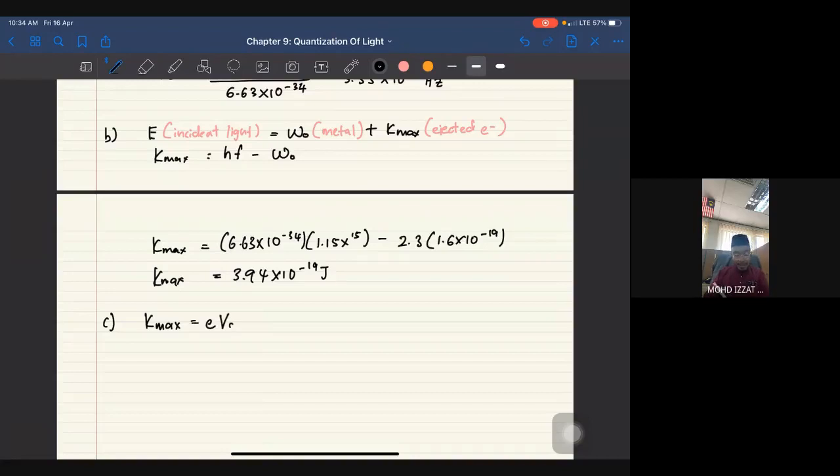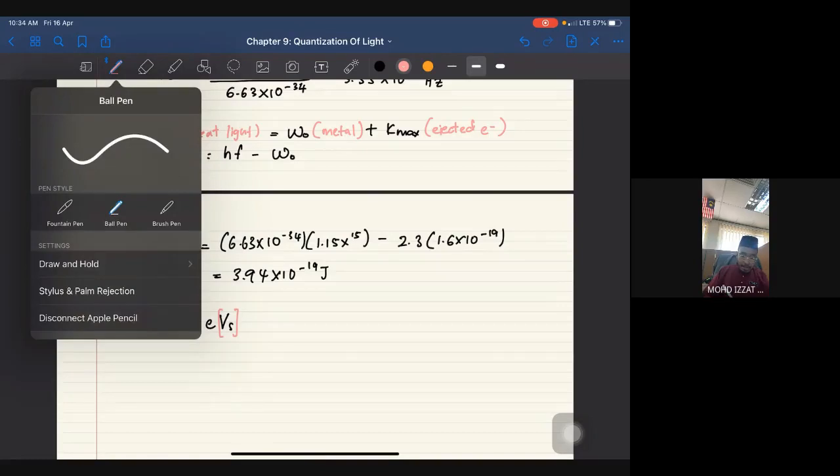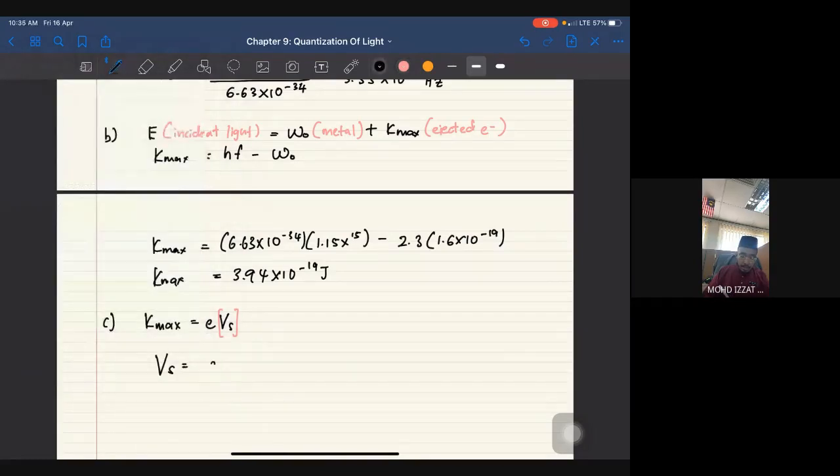So the stopping potential is actually Vs. Just use the formula directly. Okay, good. So Vs, if you want to find Vs, basically just Kmax, which is 3.94 times 10 negative 19 divided by 1.6 times 10 negative 19.